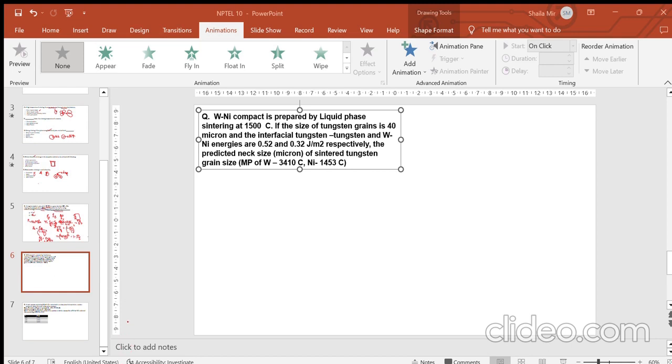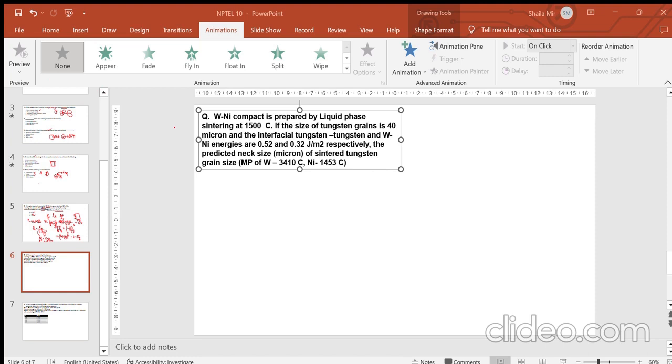This interaction between the two tungsten particles is in the form of a circle, so you can say it is of diameter x. The diameter of this circle interacting between the two is x, and the whole diameter of this particle is d. That is how you are able to calculate this neck size.